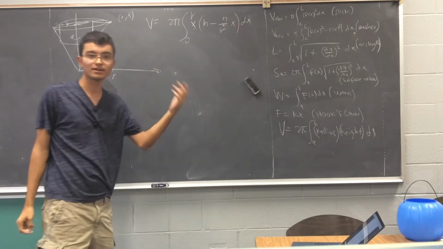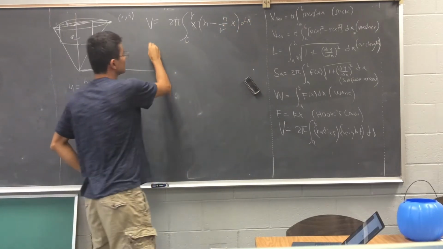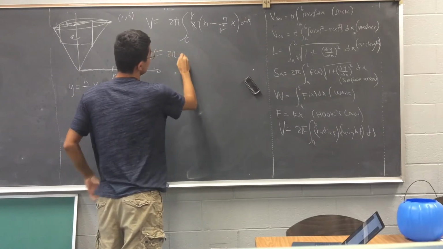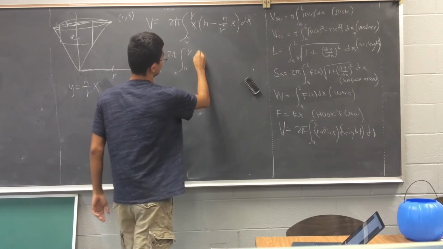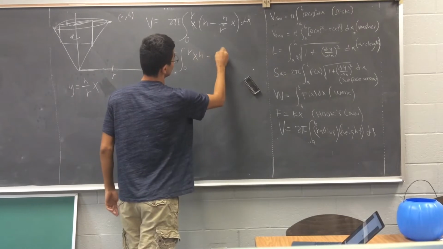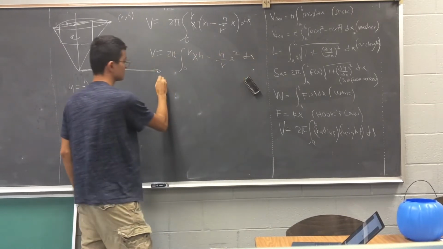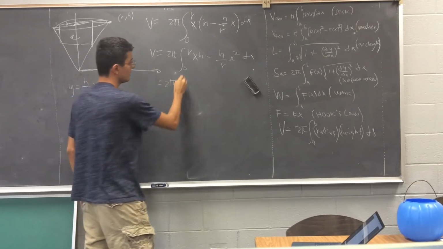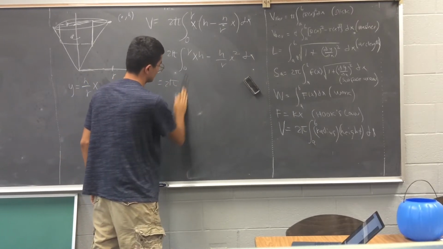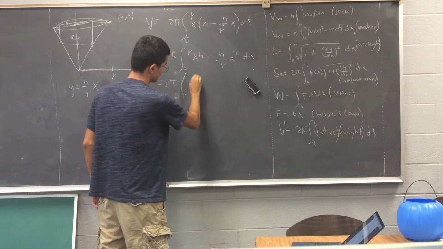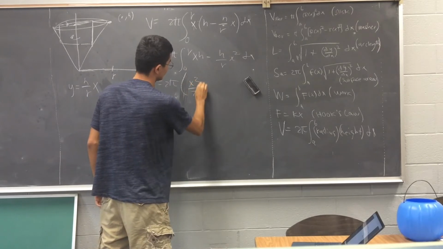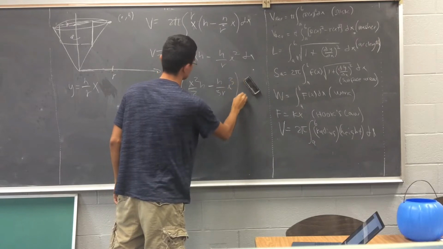And then we can go ahead and integrate this. So the volume is equal to 2 pi integral from 0 to r of x h minus h over r x squared dx. Let's evaluate it already. So that's going to be h x squared over 2 minus h over 3r x cubed from 0 to r.